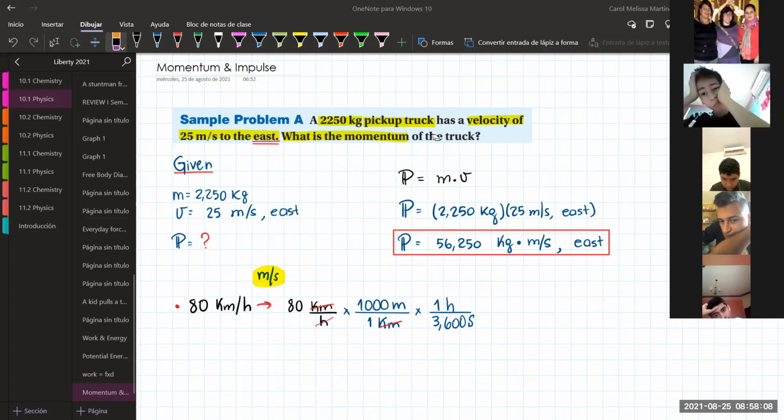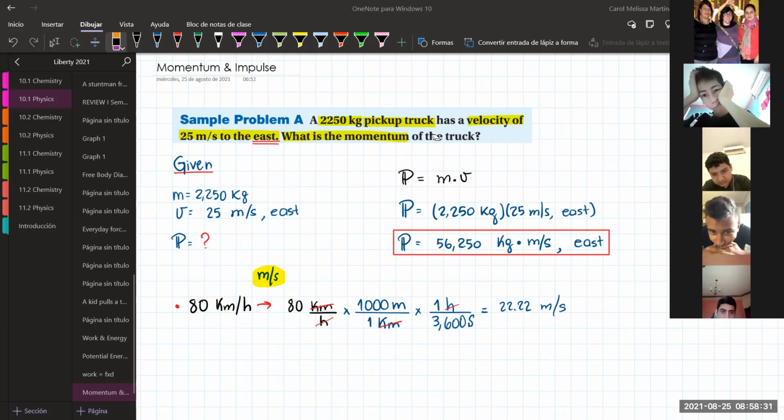How much is this? It is 22.22 meters over second. So this is how you do the conversion.